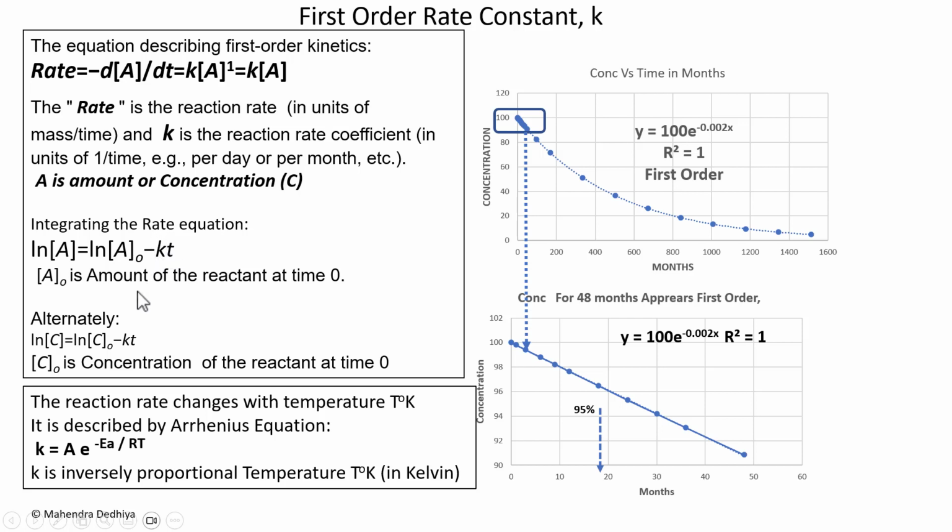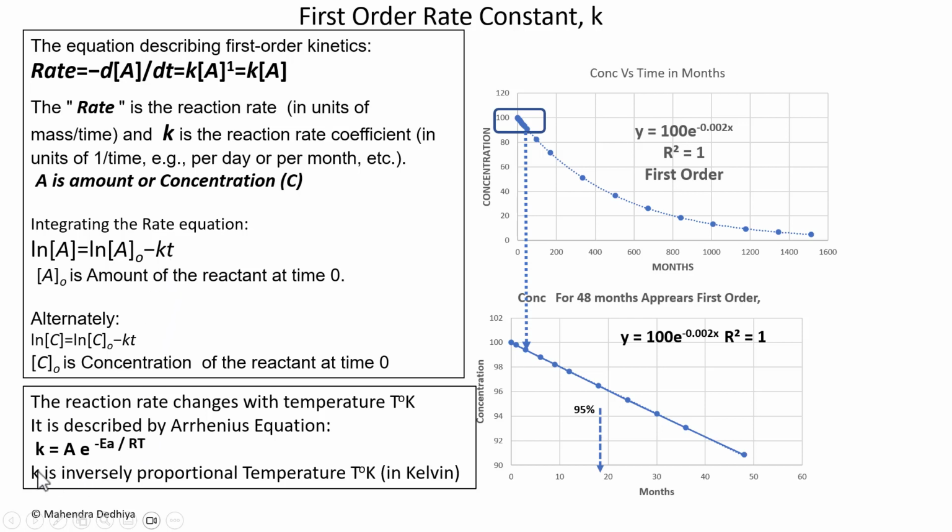This can also be written in terms of concentration. In addition to that, reaction rate changes with temperature. It is described by an Arrhenius equation. K is equal to A e to the minus activation energy divided by gas constant times the temperature in Kelvin.